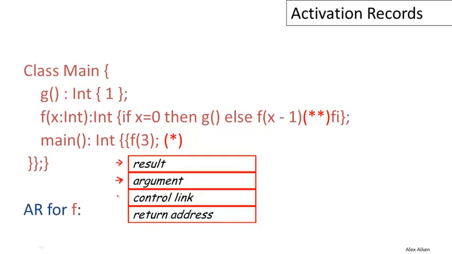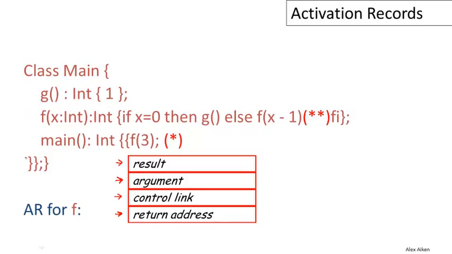There'll be a control link, a pointer to the previous or the caller's activation. And we'll also have a slot for the return address, the address of the instruction that we are supposed to jump to after the execution of F completes.